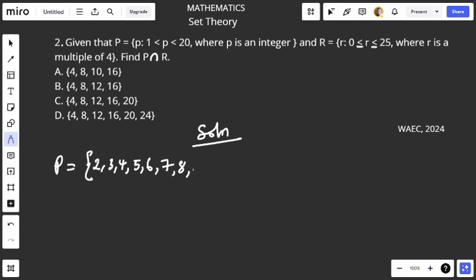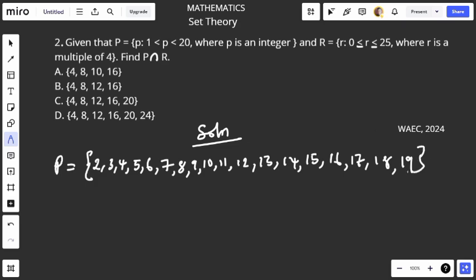Normally I would have put a comma and stopped at 19, but for clarity's sake, I'm going to list out all the elements: 8, 9, 10, 11, 12, 13, 14, 15, 16, 17, 18, and 19. 20 is not involved because they say it's less than 20. So I've listed out the elements of P.